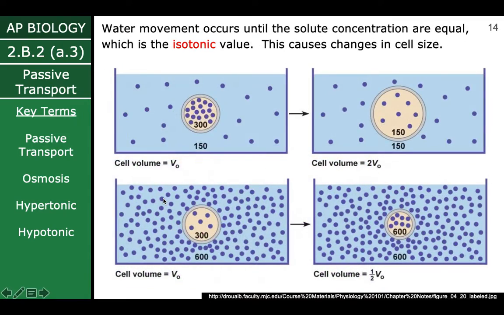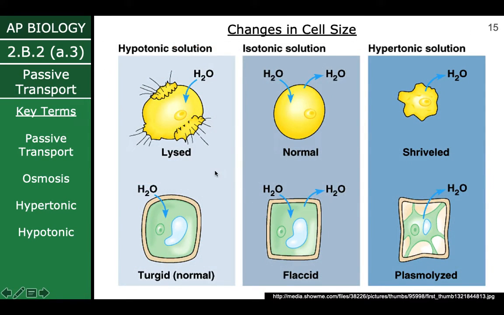But some cells actually rely on this. If you look down here, you have a plant cell, and this plant cell has a big vacuole. Plant cells are a little interesting because they have a cell wall on the outside. And as you guys know, plants like to be very solid. They like to be rigid, right? Because they need to fight gravity.